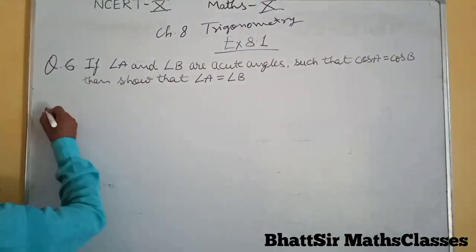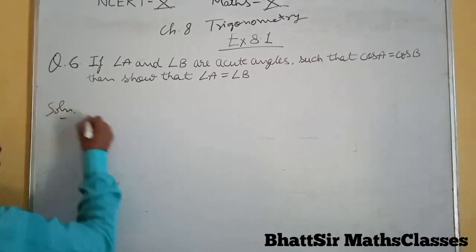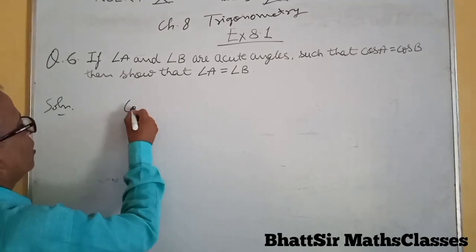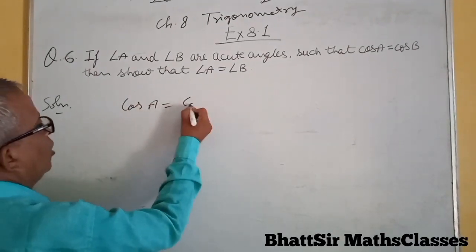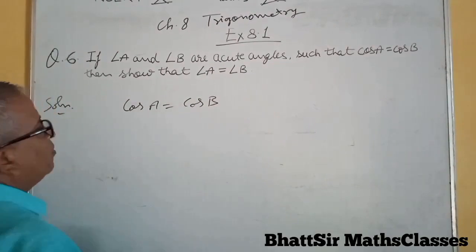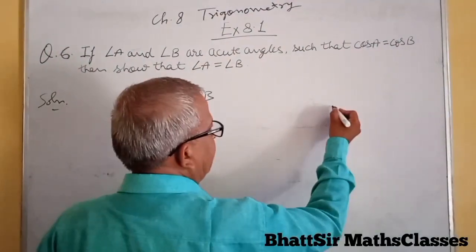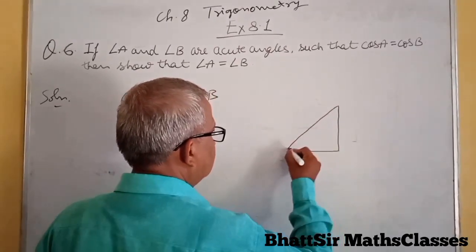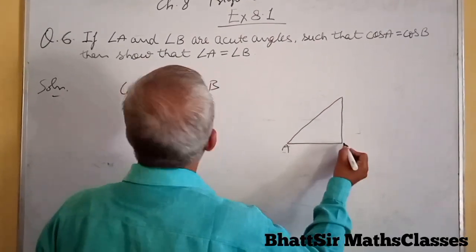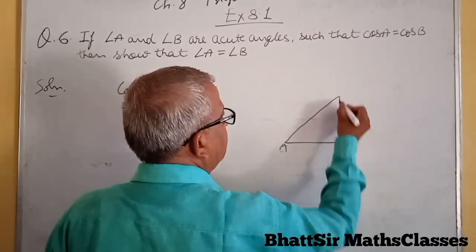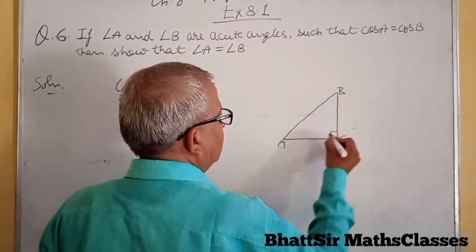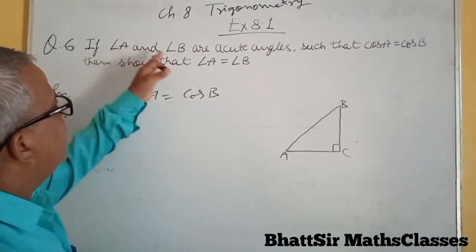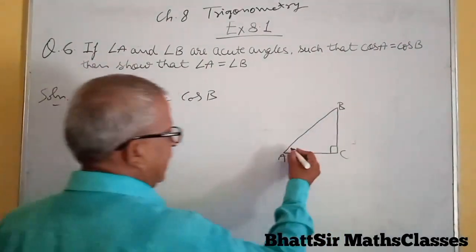So I am giving a solution. Cos A equals cos B. But you know that you make a right angle triangle ACB. It is a 90 degree angle at C, because given angle A and angle B are acute angles. So these are acute angles.